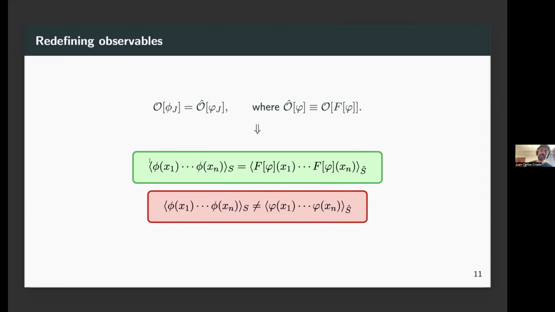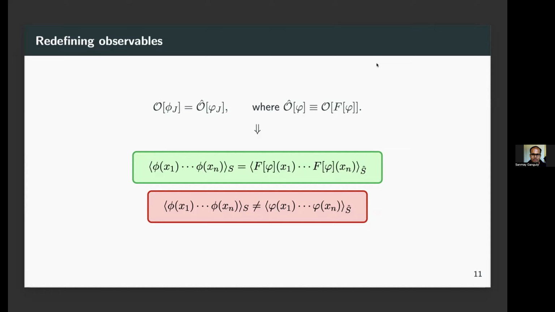If you look at the Green's functions of the original theory, they will only be equal to the Green's functions of the new theory, computing with S hat now, but having here the F applied to phi. And in general, you won't have the relation on the bottom, in which you just naively put in here the redefined field.